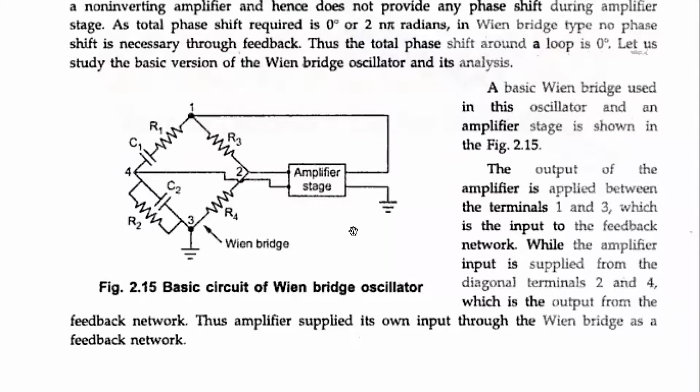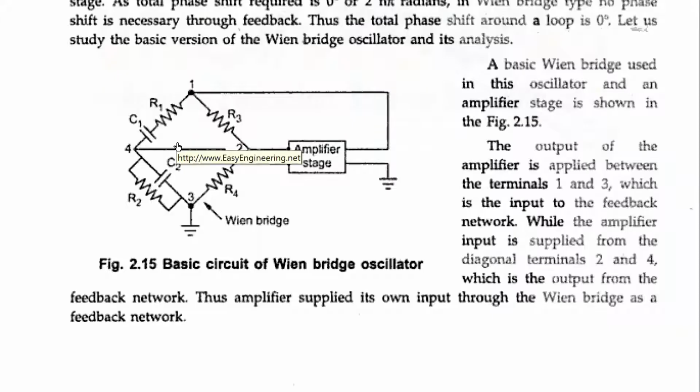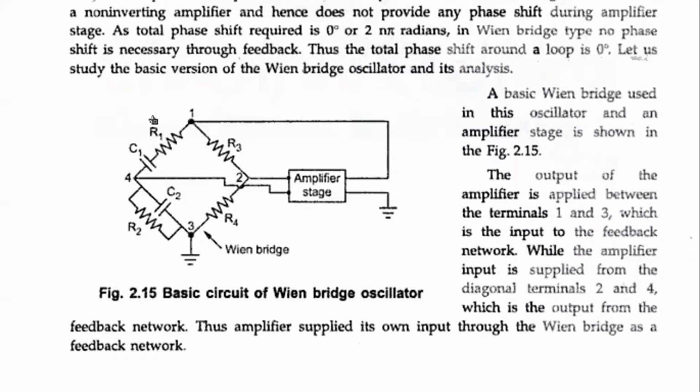Now, if we consider the balanced bridge case, that is, this impedance divided by this impedance is equal to this impedance divided by this impedance, then the impedance here is 1 by j 2 pi f C1, and here 1 by j 2 pi f C2.